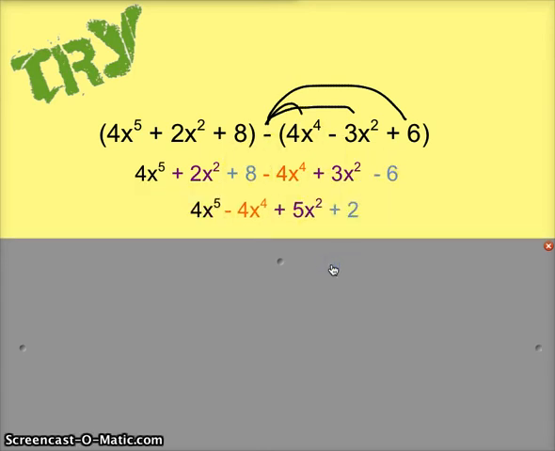So this is 4x to the fifth power minus 4x to the fourth power plus 5x squared plus 2. And to really test your memory, we can call this a quintic polynomial because it has a degree of 5.